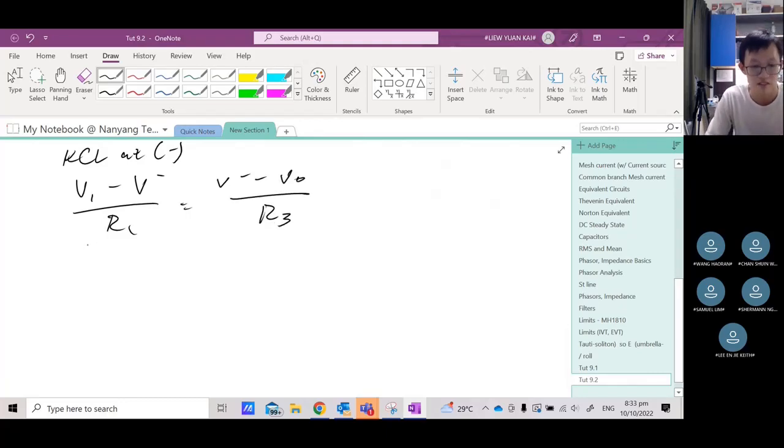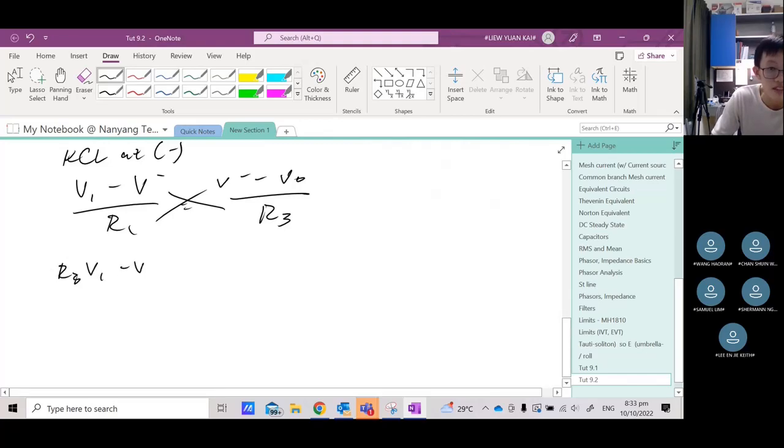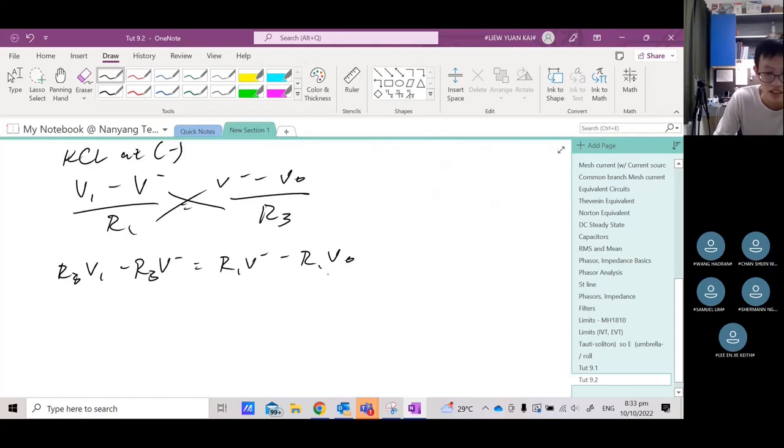So we want to make V minus the subject so that later we can equate to V plus. So we will get R3 V1 minus R3 V minus equals to R1 V minus R1 V out.